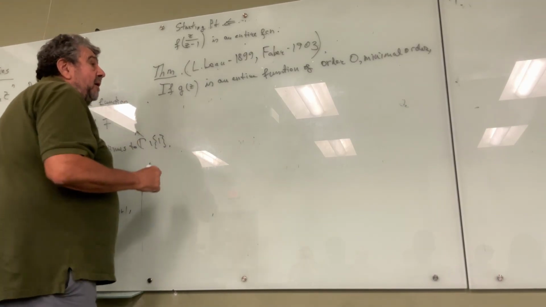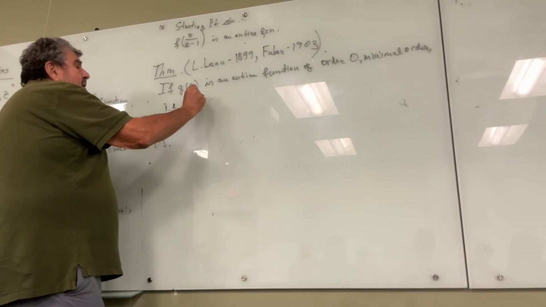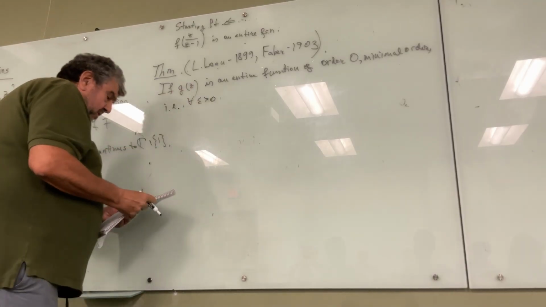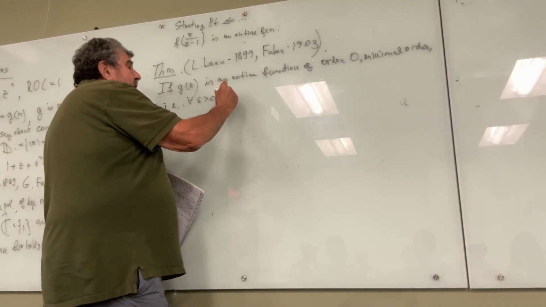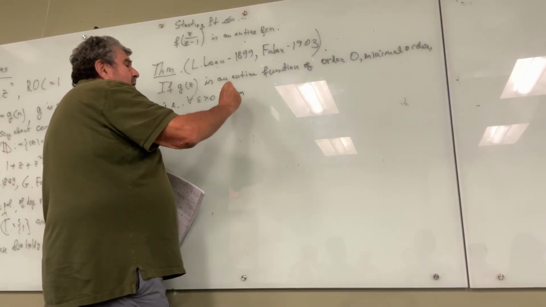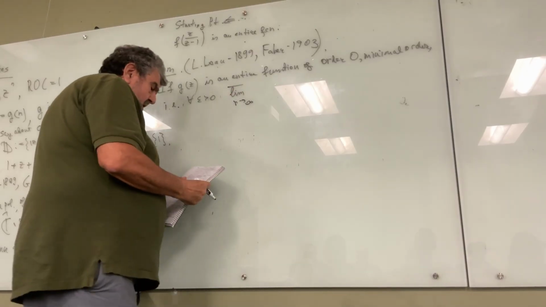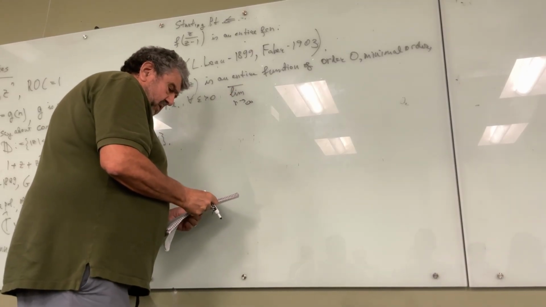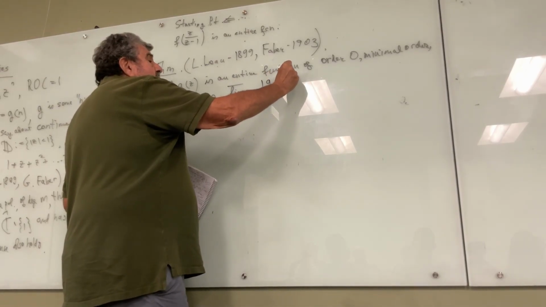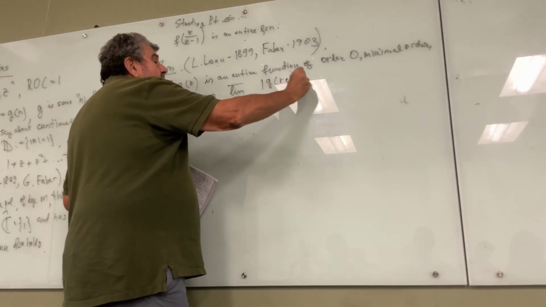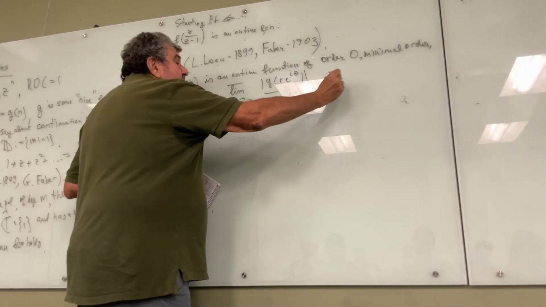It means for every epsilon, the lim sup as r goes to infinity of g of r e^{i theta} is finite.